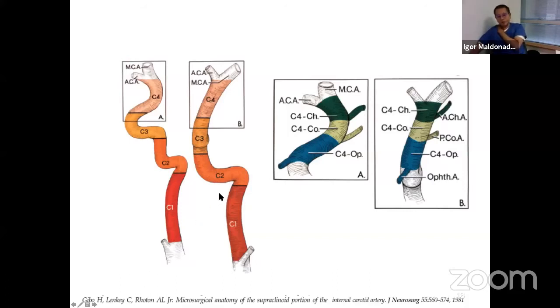The ophthalmic segment comes from the emergence of the ophthalmic artery, which is the usual classical landmark for the roof of the cavernous sinus, from the proximal ostium of the ophthalmic artery to just before the emergence of the communicating artery. Then we can talk about a communicating segment, from the proximal emergence of the posterior communicating artery to just before the anterior choroidal, then the choroidal segment, and finally the carotid bifurcation.